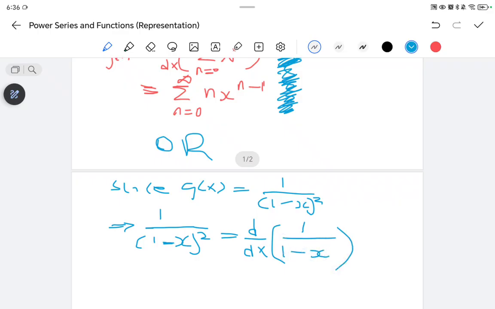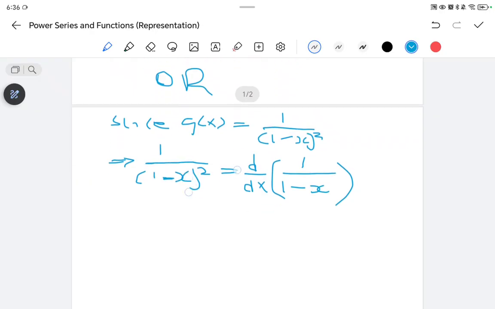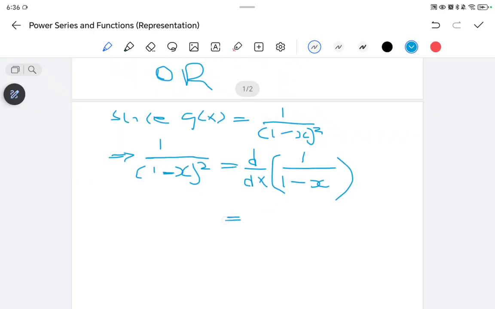You see, right? And we know that 1 over 1 minus x is the same as the summation of x to the n.